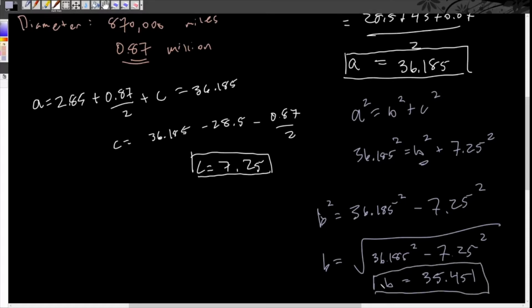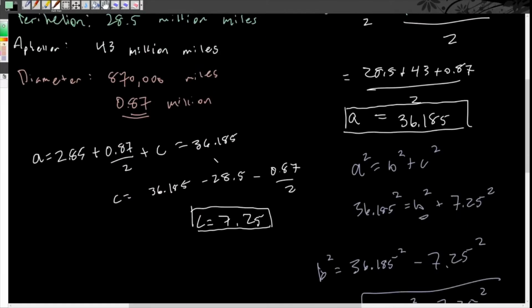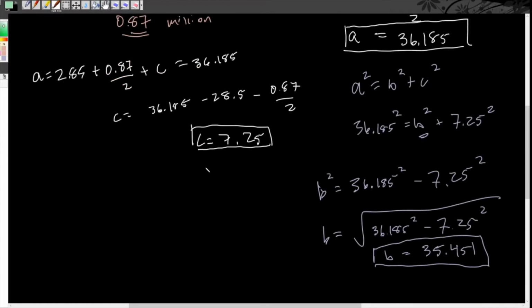So now we have everything we need, and go ahead and write the equation. We drew it assuming a horizontal orientation, so x gets a squared. So we get x squared over a squared, that's 36.185 squared, plus y squared over b squared, that's 35.451 squared, equals 1.